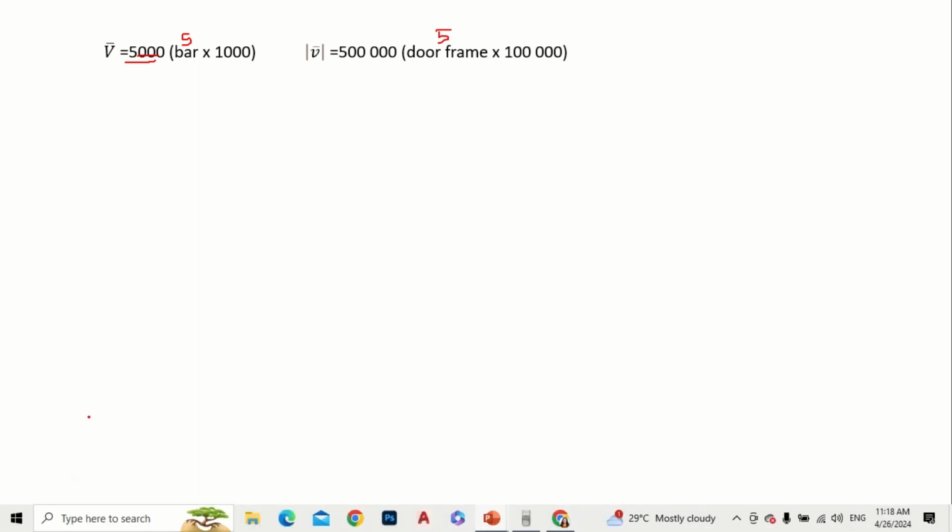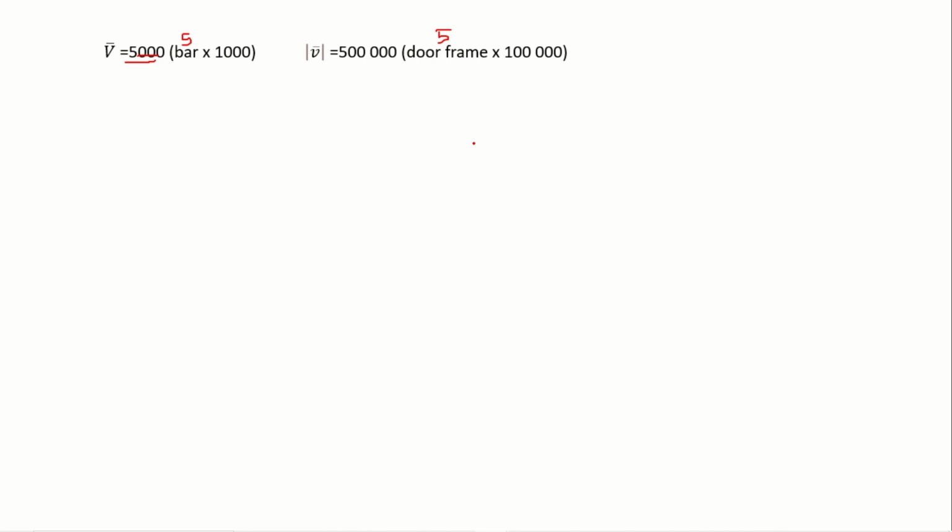Okay. In order for us to understand more, here are some examples that we have. Okay, how can we transform this into numerical values? First, what's this? V bar. What does it mean? It is 5,000. So let's put 5,000 here.